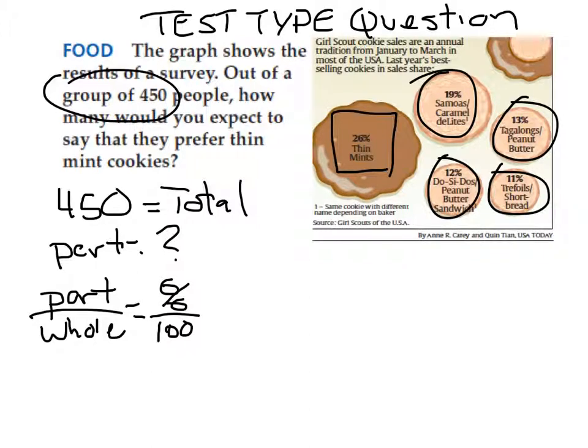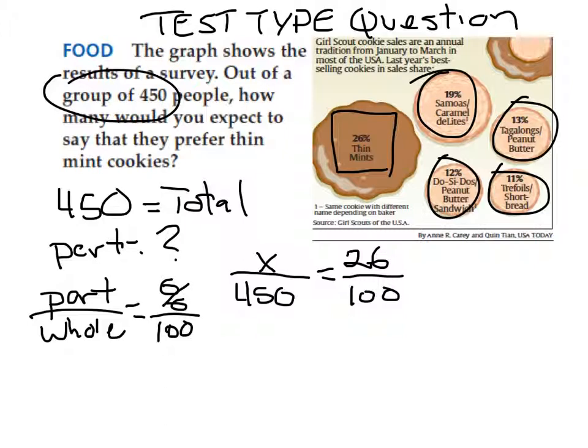We want to know what part of the group, or the whole, 450, is going to eat cookies. We know that we have a prediction that 26% of them will eat the cookies. But what is the actual number? Well, we're going to go back to proportions.